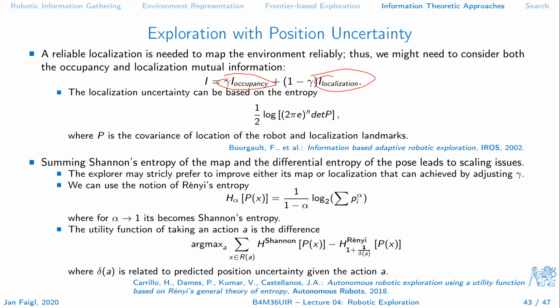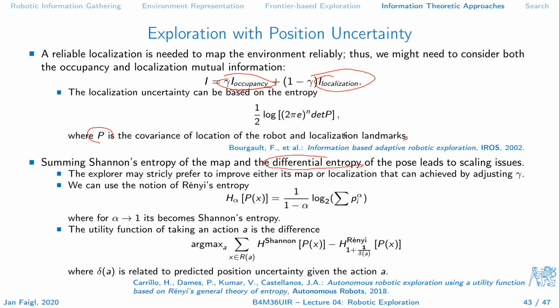localization uncertainty. So you can express that also using the entropy, where P is the covariance of the location of the robot, and localization of landmarks if you have landmarks that you are using for the localization. But here we have the Shannon's entropy of the map and the differential entropy of these processes.